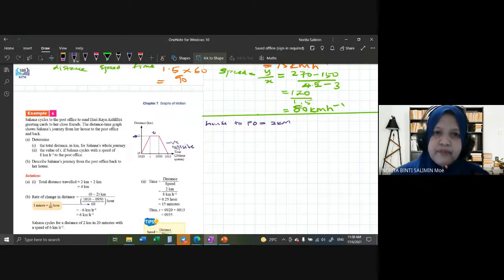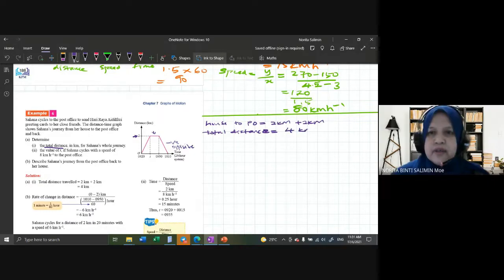And then from the post office to her house, how many kilometers? Also 2 kilometers. So the total distance is 4 kilometers. Okay, very good. This is question A.